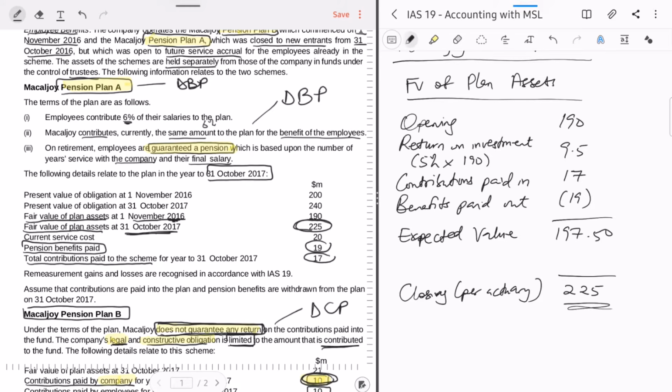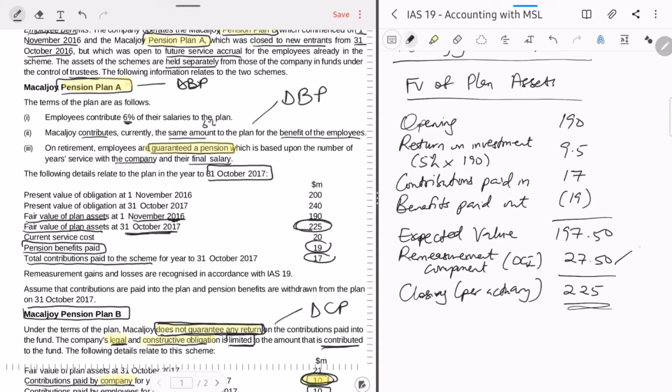So 225 calculator minus 197. This gives me 27.50. So I call this my remeasurement component, which will go to what? OCI. Now the question is, would you say this is a gain or a loss?